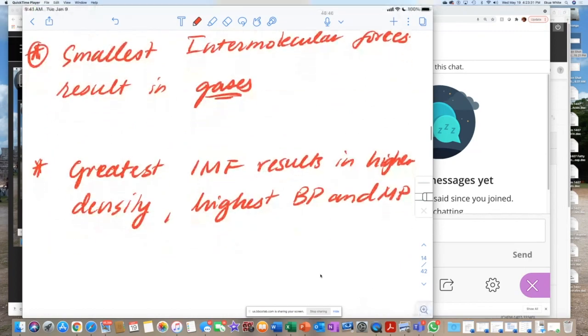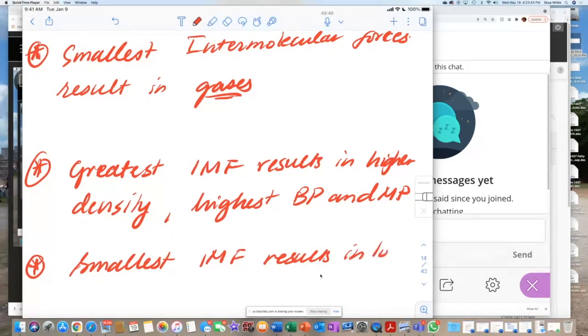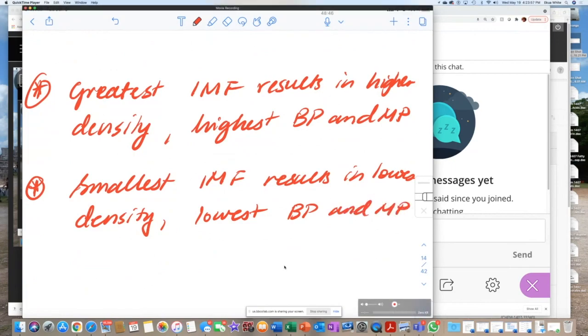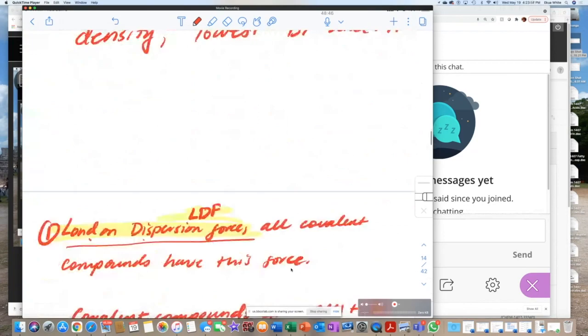Okay, and then of course the opposite is true, right? If you have the smallest intermolecular force, so smallest to least intermolecular force results in lowest density because the molecules are far from each other, lowest boiling point, and melting point.